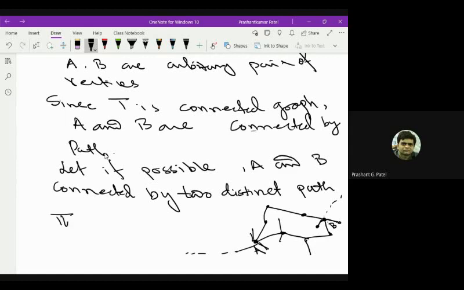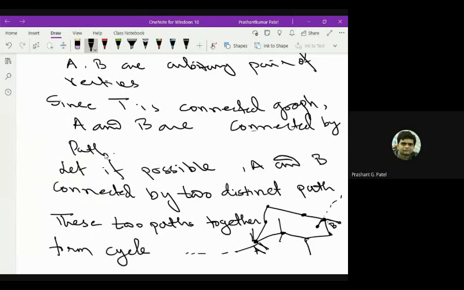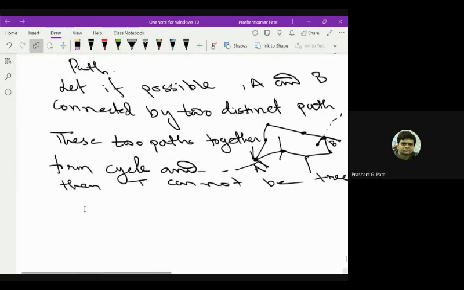What should I write? These two paths together form a cycle, and then T cannot be a tree. So what does it mean?